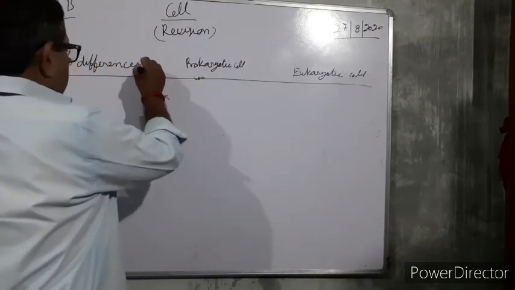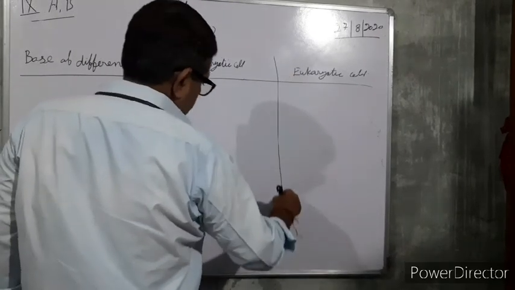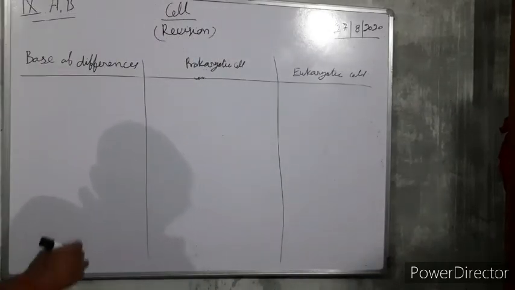Once again, I am going to make the practice on the basis of differences between prokaryotic cell and eukaryotic cell. First, size.